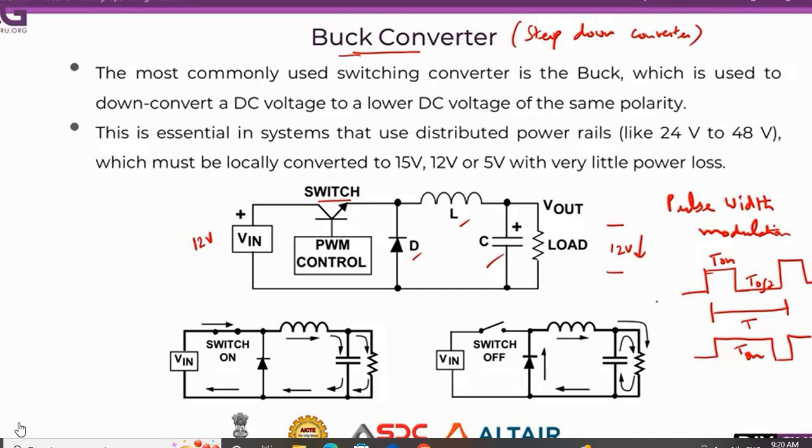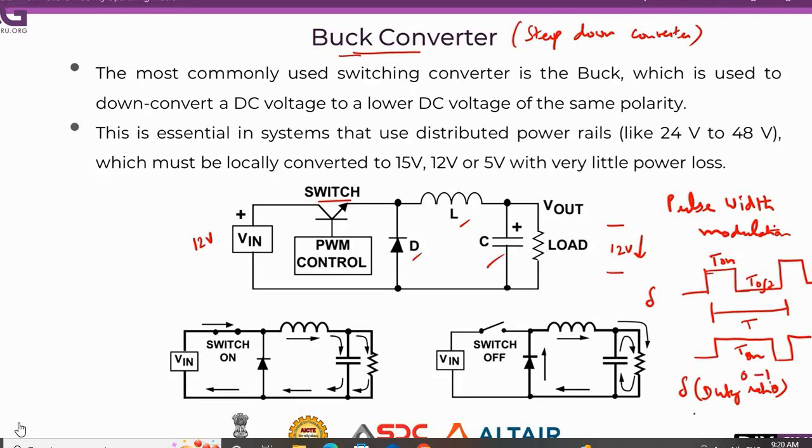There is a parameter called delta, which is called the duty ratio. It lies between 0 and 1.